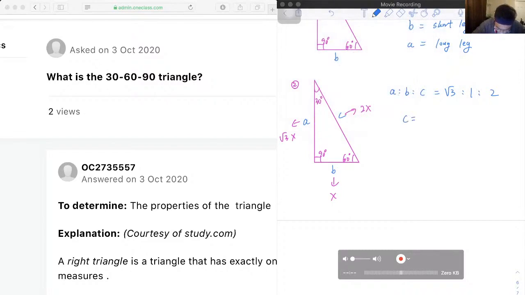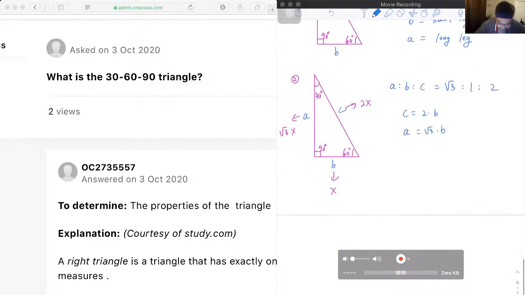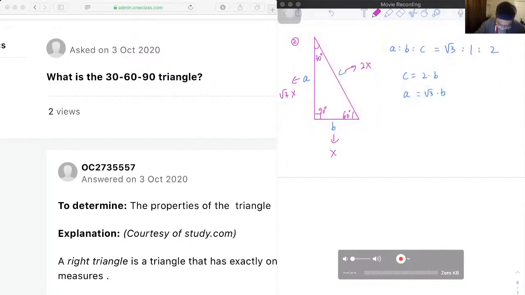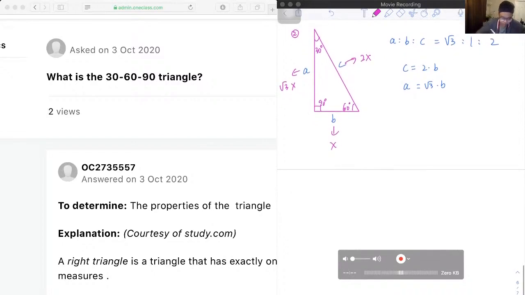So C is equal to 2 times B. And the longer leg, which is A, is always equal to √3 times the shorter leg, which is our B. So that's the relationship between A, B, and C. Okay, that's all we have for the second part.